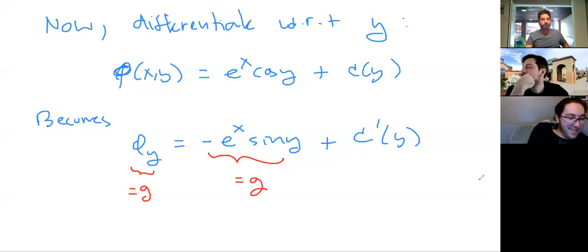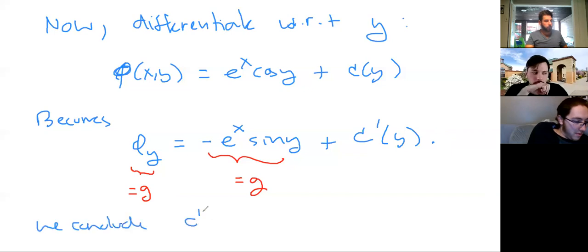All right, so what is the only conclusion? Well, if you subtract it from both sides, the only conclusion is that C prime is 0.